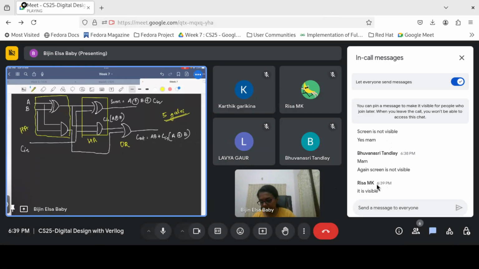Okay. So this is the efficient implementation of the full adder, the area optimized full adder.